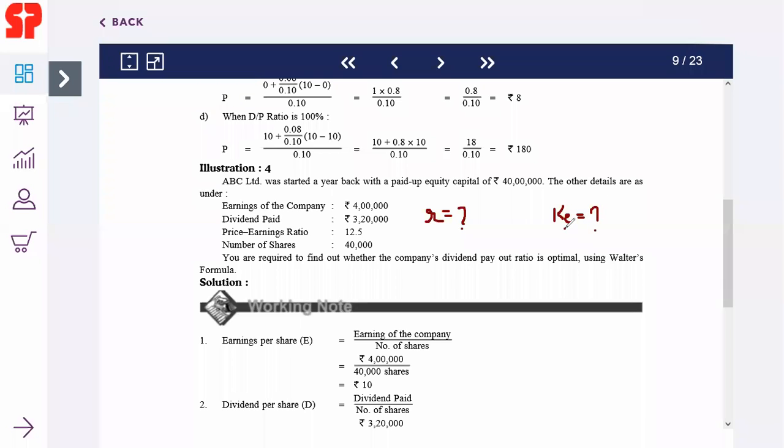Yes, cost of equity we will discuss how to calculate. Anybody tell me how we can calculate the rate of return?